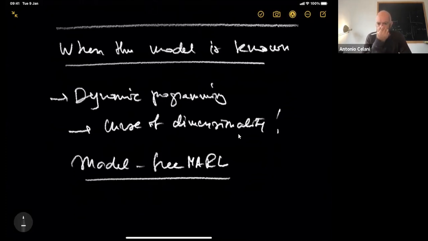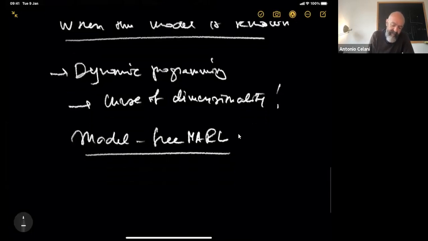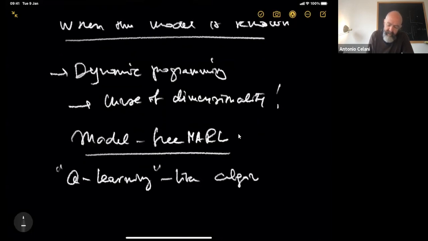One class of algorithms that tries to expand upon the setting of single agent reinforcement learning are Q-learning like algorithms.